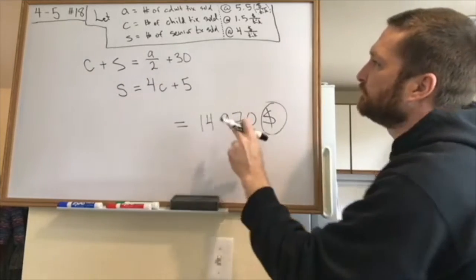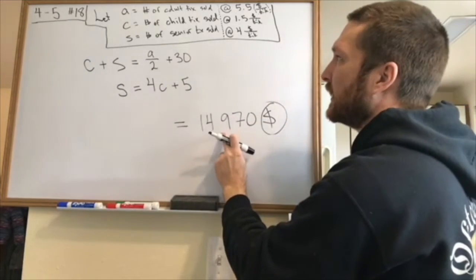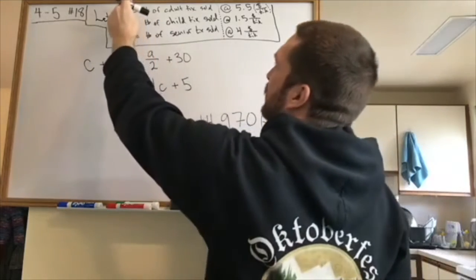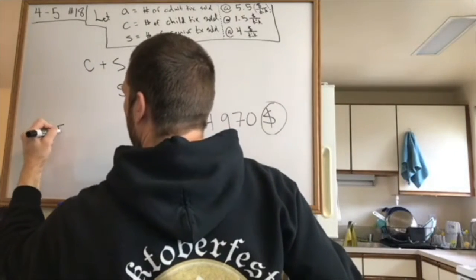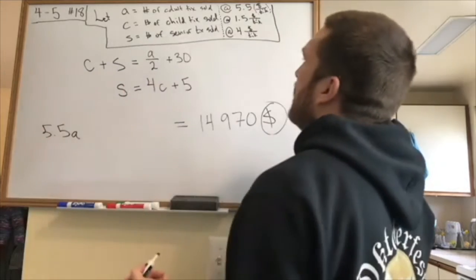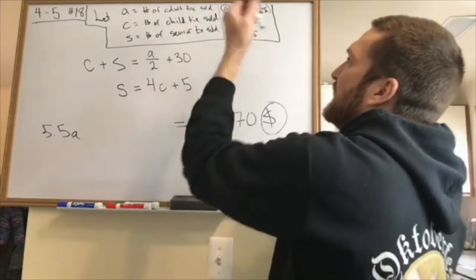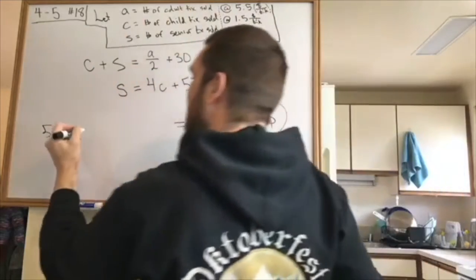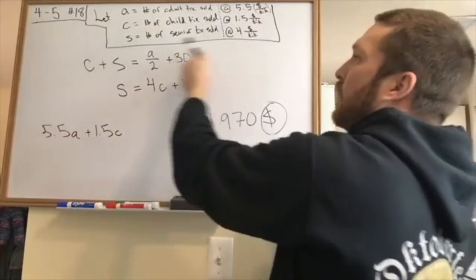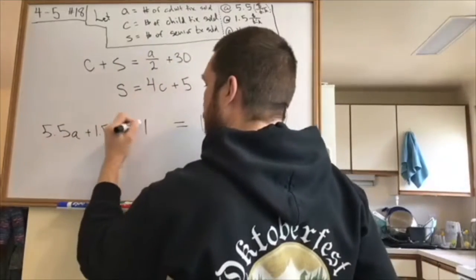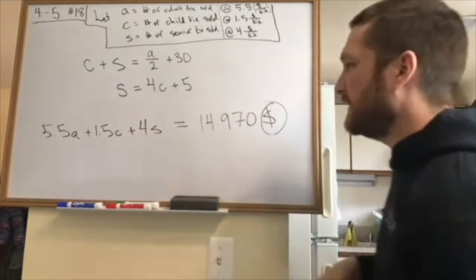Okay, so moving on. I'm going to say then the total amount is what I'd get if I knew the number of tickets and I multiplied by the rate. So that gives me 5.5 times A. And then in this case, 1.5 times C. And then 4 times S. Just like that.